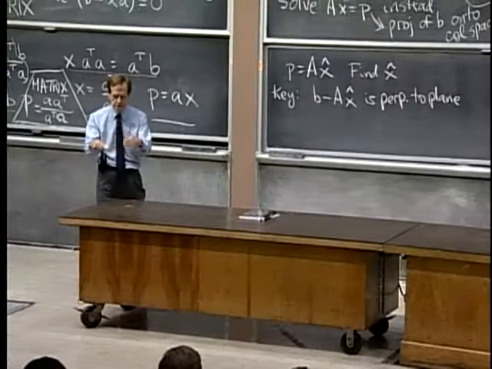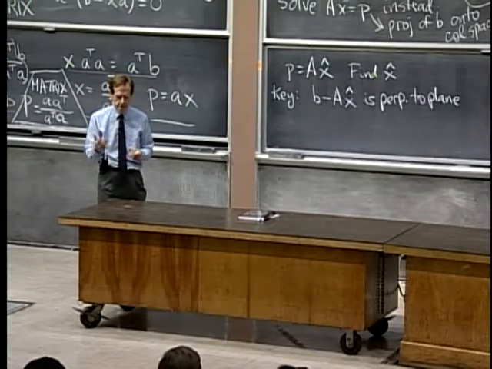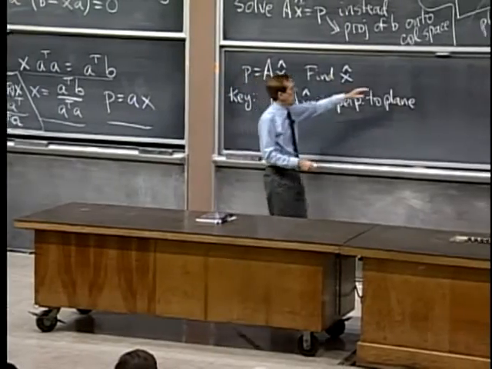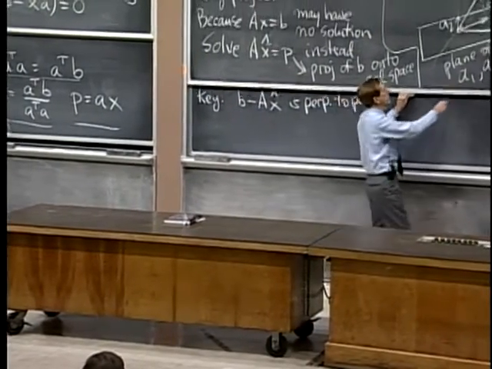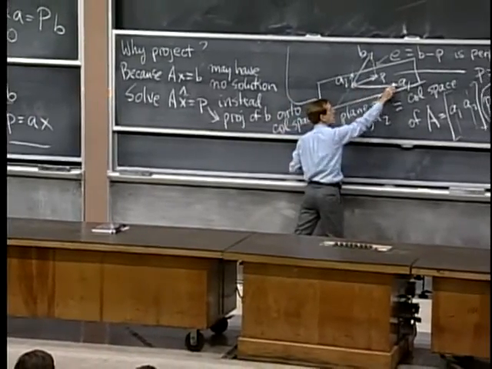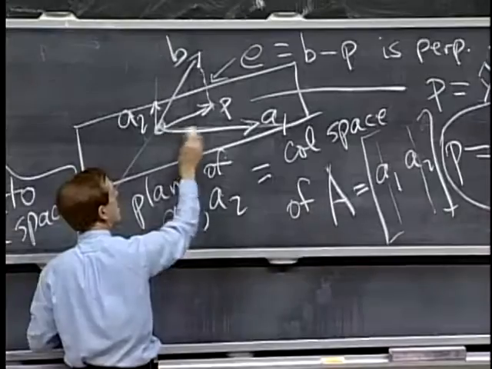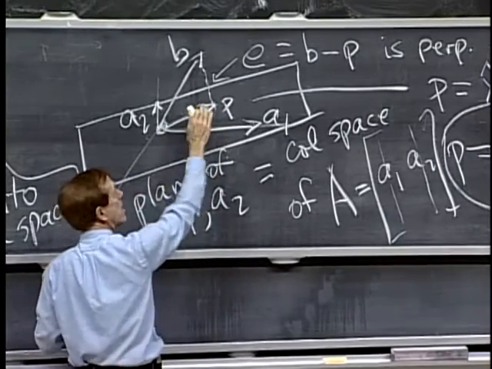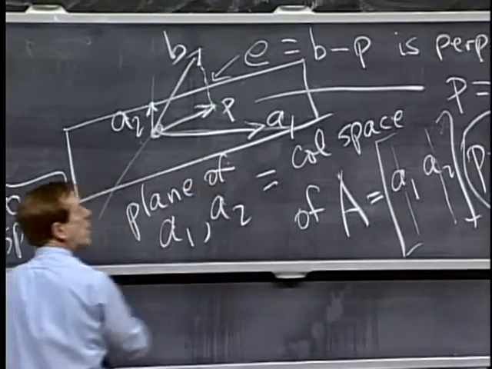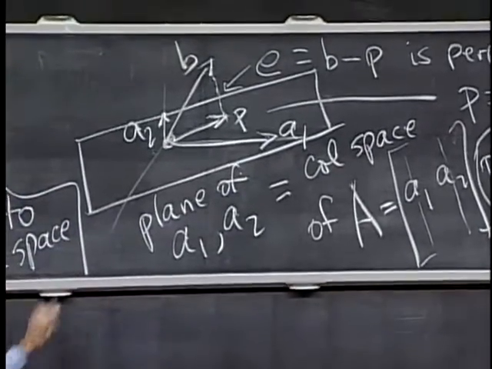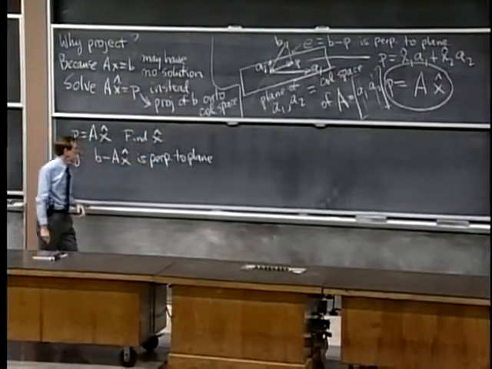Those are two vectors in the plane, and the plane is really told to me by A1 and A2.